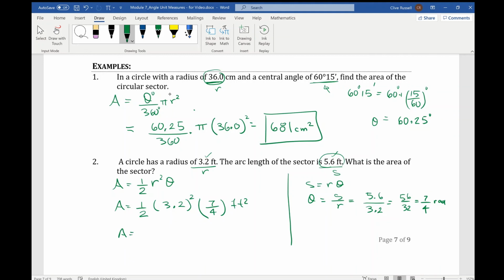So if you plug this in your calculator, you should get 8.96 feet squared, but we go to two significant digits because each of those numbers has two significant digits. So the area then is going to be 9.0 feet squared.